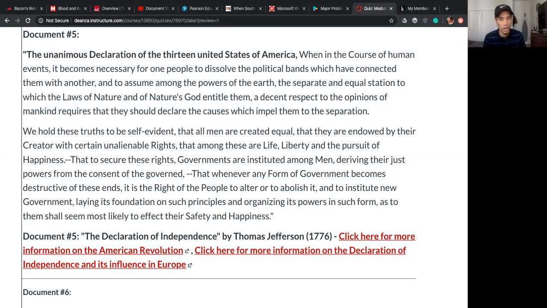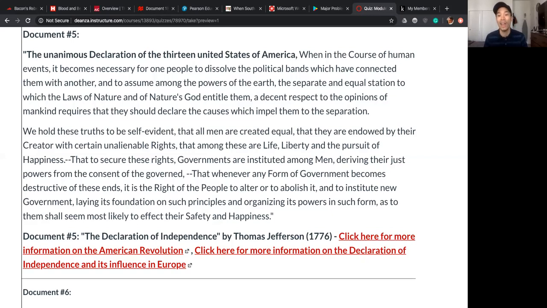Because the question is not going to be straightforward, such as, explain to me why the Enlightenment caused these revolutions. It's not going to be that simple, guys. Even though the Enlightenment movement itself laid the foundation for these ideas, your textbook also makes a very clear point that there were other factors as well.